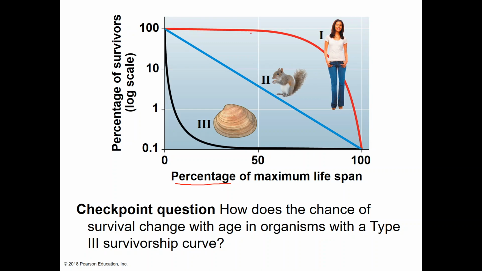We refer to this type of curve as a type 1 curve, also type 1 survivorship. Species that exhibit this type 1 survivorship are humans and other large mammals. They usually produce few offspring but give them really good care, so it increases their likelihood of survivability to older ages.